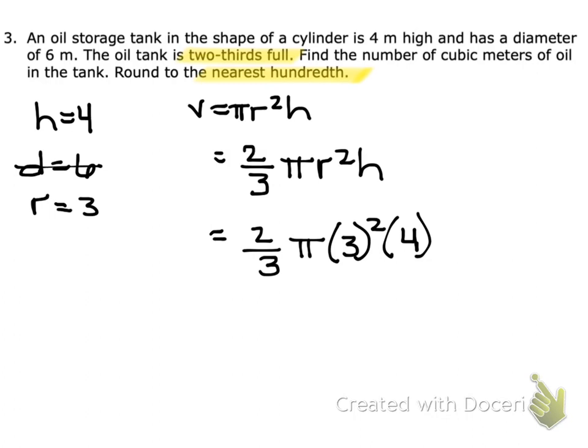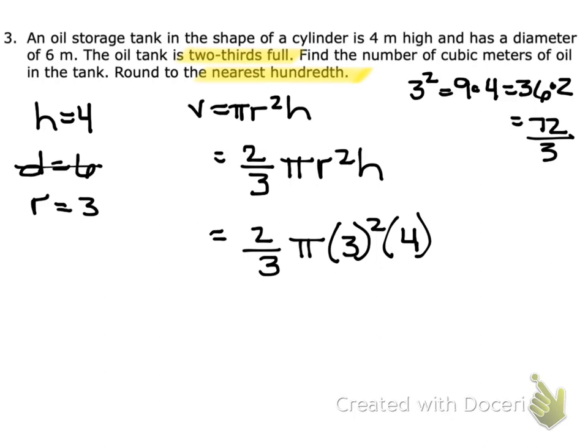And I want to walk through how we're going to calculate this step by step. So we're going to do 3 squared first, and that's 9. Then we're going to multiply by 4. That's 36. Then we're going to multiply by the 2 from 2/3 because that's on the top. That's 72. And we're going to divide by 3.